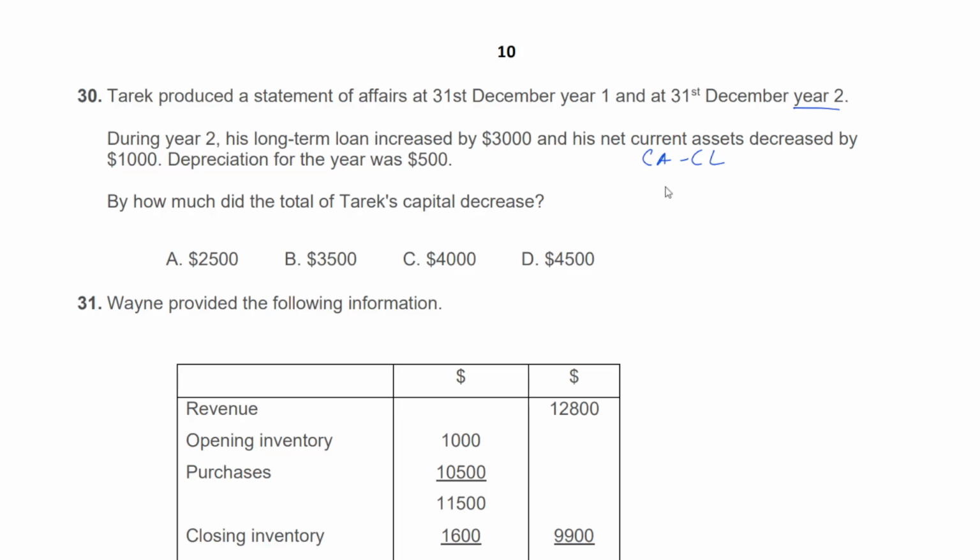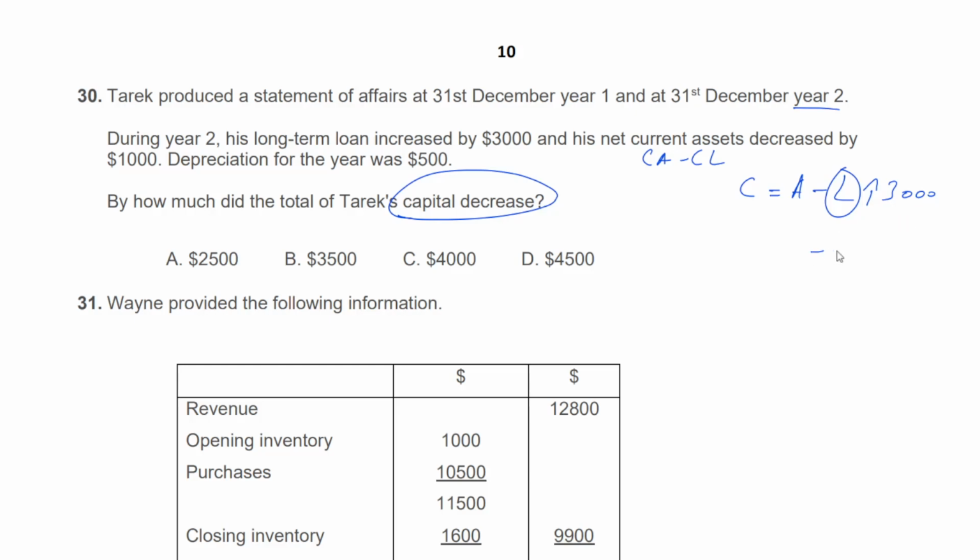So this is based on the accounting equation. How do you find capital? Capital equals assets minus liabilities, isn't it? In the second year, as compared to the first year, because we're just looking at the difference, liabilities are now greater by 3,000.